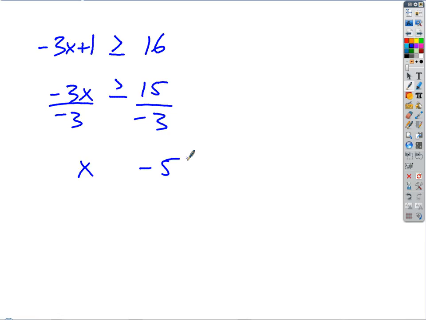Got to flip the inequality sign. There's the one difference. Hey, I need your attention, please. Thank you. The one difference between the algebra you're going to do on this assignment with inequalities and the algebra you did on the previous assignments is just that one thing. If you multiply or divide both sides of an inequality by a negative number, you got to flip the inequality sign. Otherwise, it's the same.